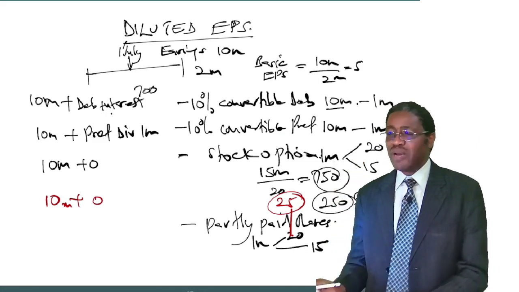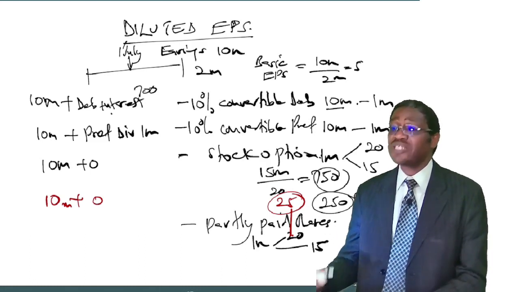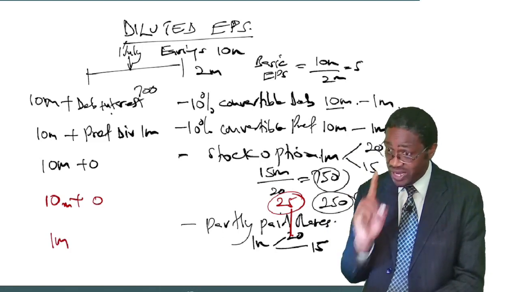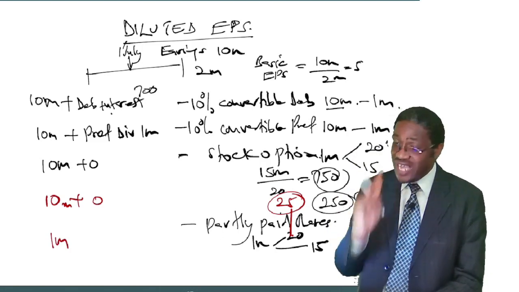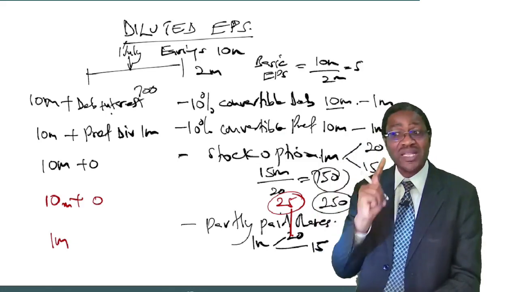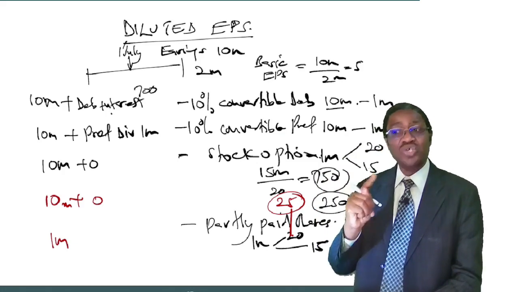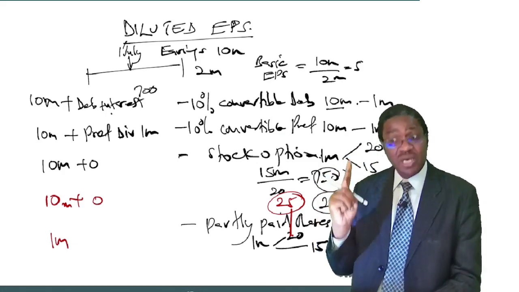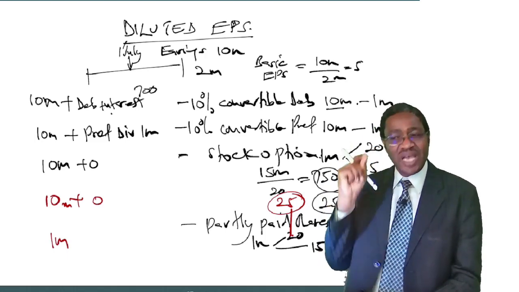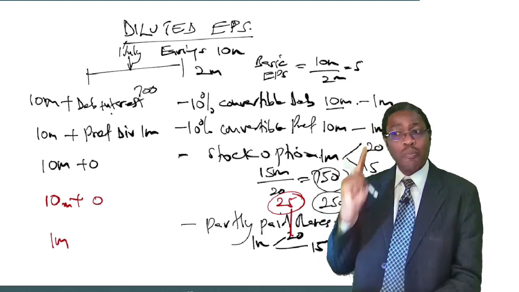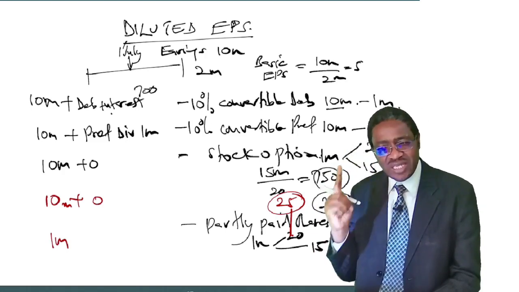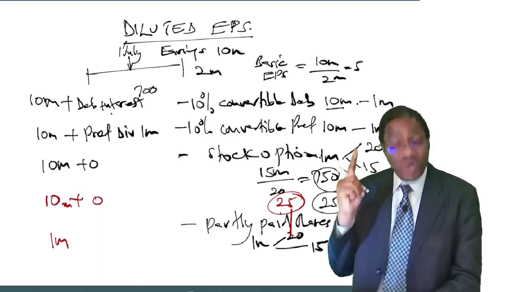The moment the shareholders bought the 1 million shares as partly paid, don't forget, we said when shares are issued and they are partly paid, for purposes of basic EPS, they are considered only to the extent that they are fully paid.